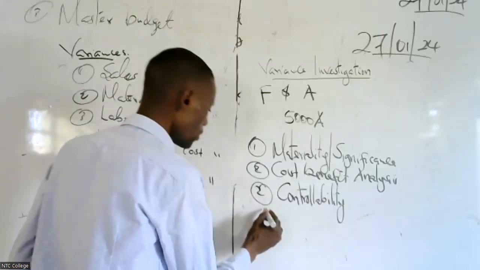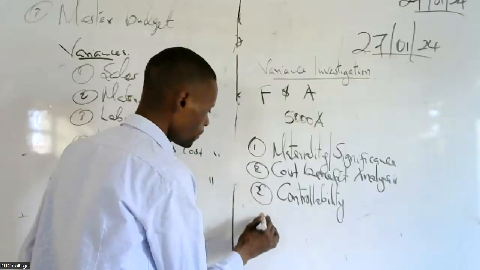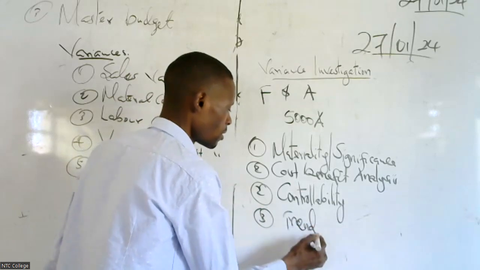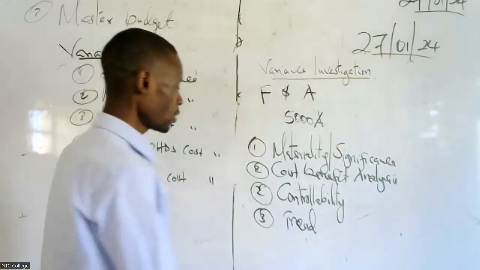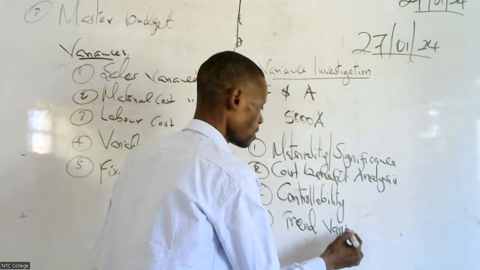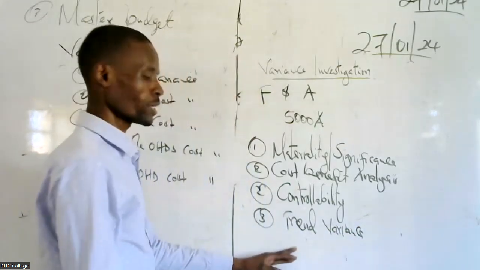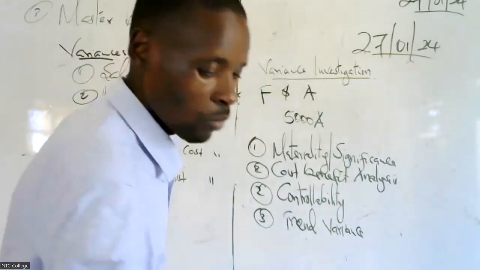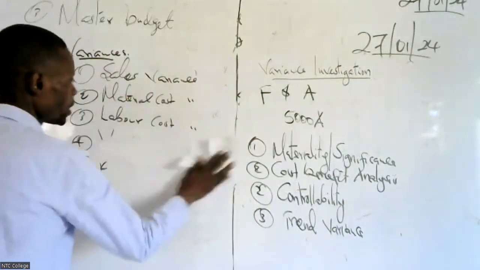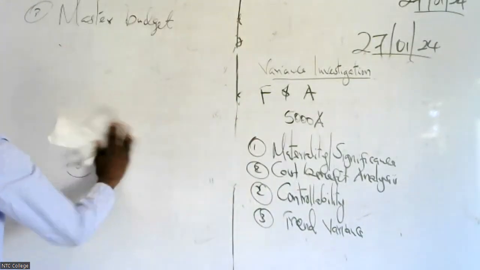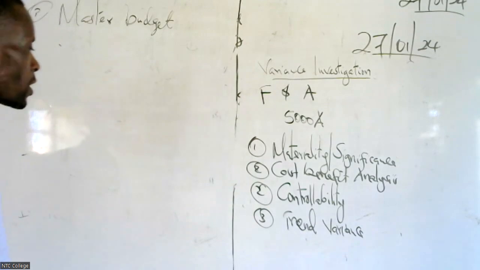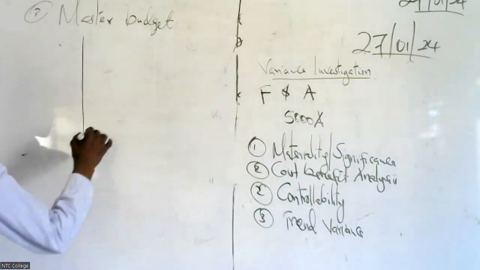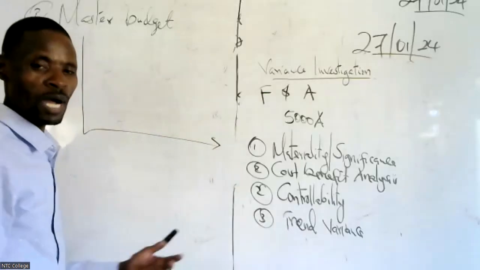Another one, number 3, is variance trend. Trend variance, one and the same. Variance trend is also a matter to consider when you want to investigate a variance. So in that case, you need to monitor January, what was the variance that occurred, February, March, April.